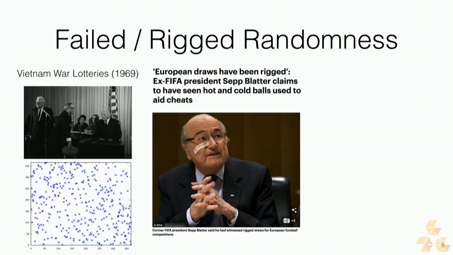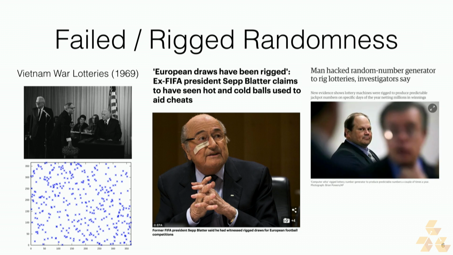Even if you have public witnesses, there is no way you can see that the lottery was actually rigged. A final example: there are also insider attacks, where, in one case, a software developer hacked the random number generator which was used to choose the winning numbers in the Megabucks lottery.